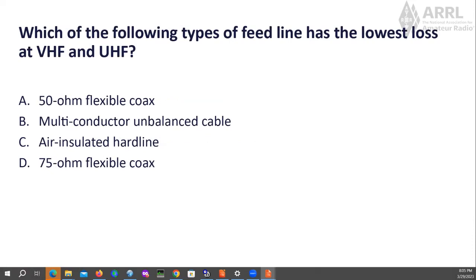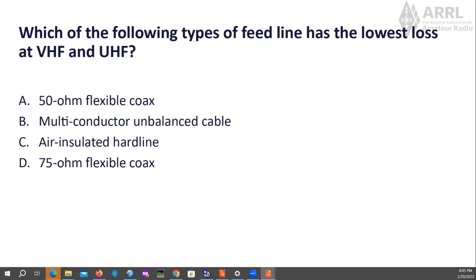And I have a radio here that operates at like 1,296 megacycles. This is a frequency that you can use with your license. It would be really easy to dissipate 90% of the power in the coax before it ever reaches the antenna. And you don't have that much to start with.